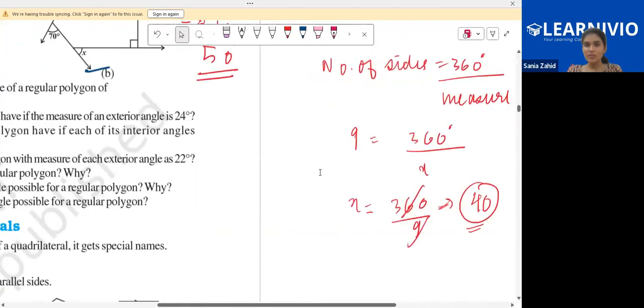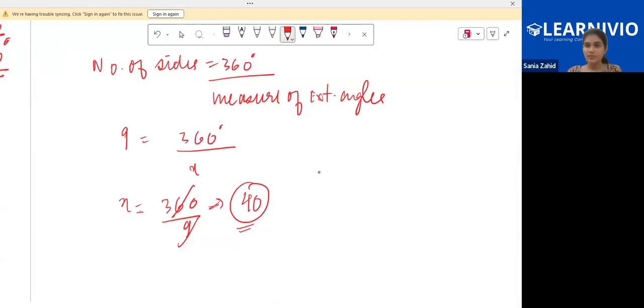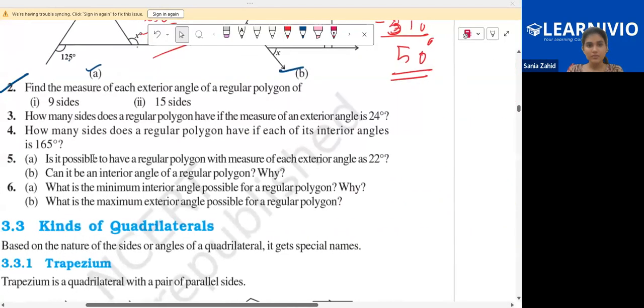Okay, copy this. Now you do it for 15. Do the second part.